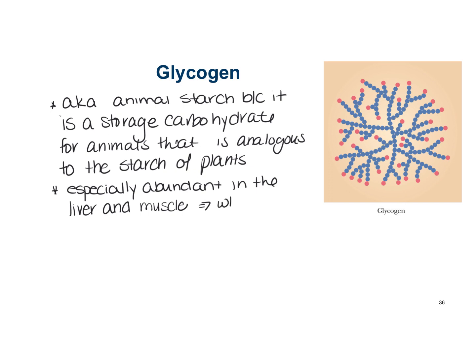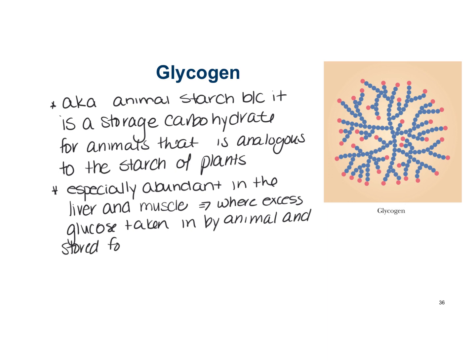So this is where excess glucose is taken in by an animal and stored for future use, right? On hydrolysis, glycogen forms D-glucose, which helps maintain the normal blood sugar level and provides the muscles with energy.